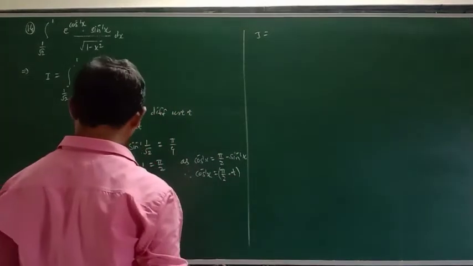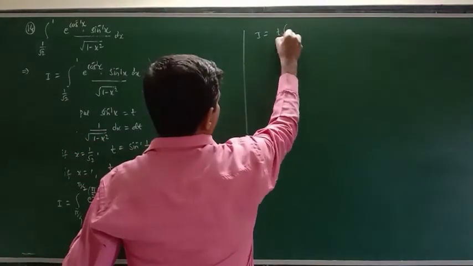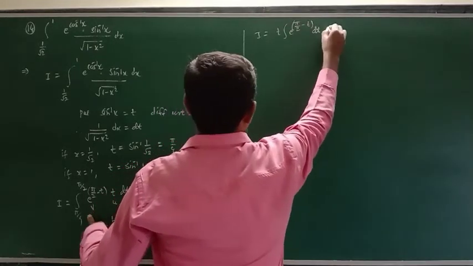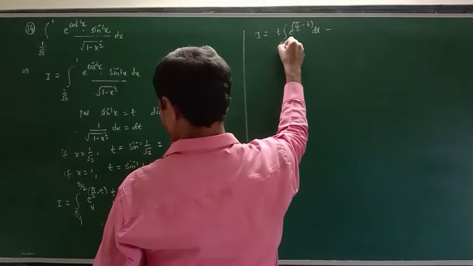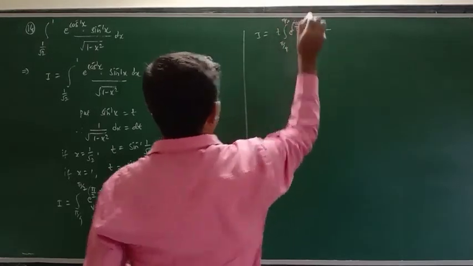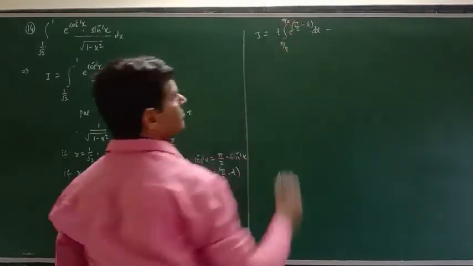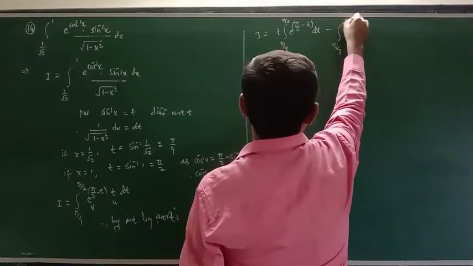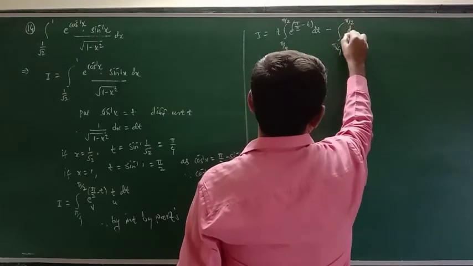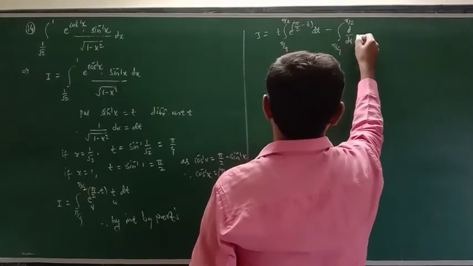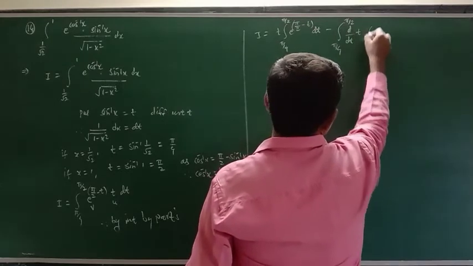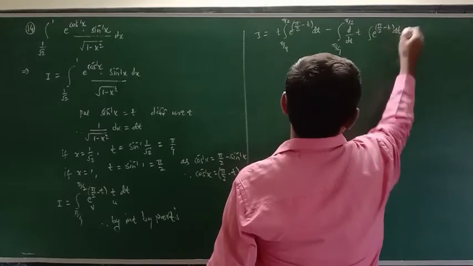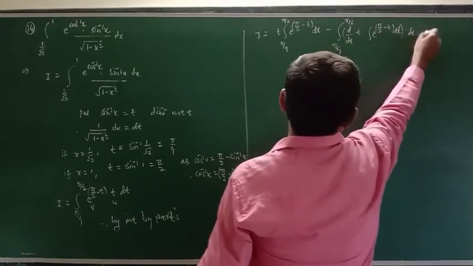I is equal to t times the integration of e raised to pi by 2 minus t dt, with limits from pi by 4 to pi by 2, minus the integral from pi by 4 to pi by 2 of d by dt of the first function t, times the integration of e raised to pi by 2 minus t dt, and the total integration is dt.